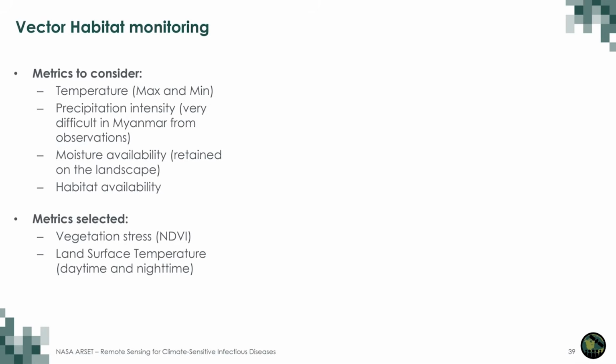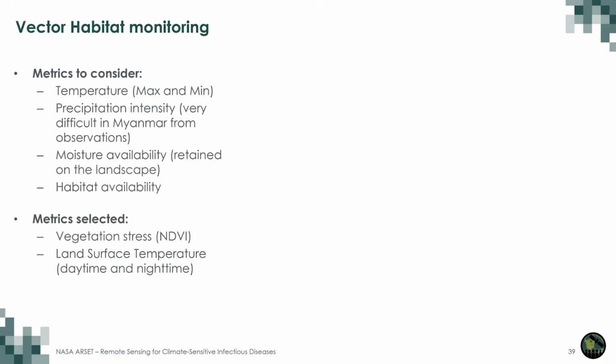What vegetation stress tells you is how well moisture is retained on the landscape. This is a better metric than total precipitation that fell on the surface. And we also like to have land surface temperature, which gives you daytime and nighttime measurements from MODIS satellites and VIIRS satellites that we can now be using to do this.